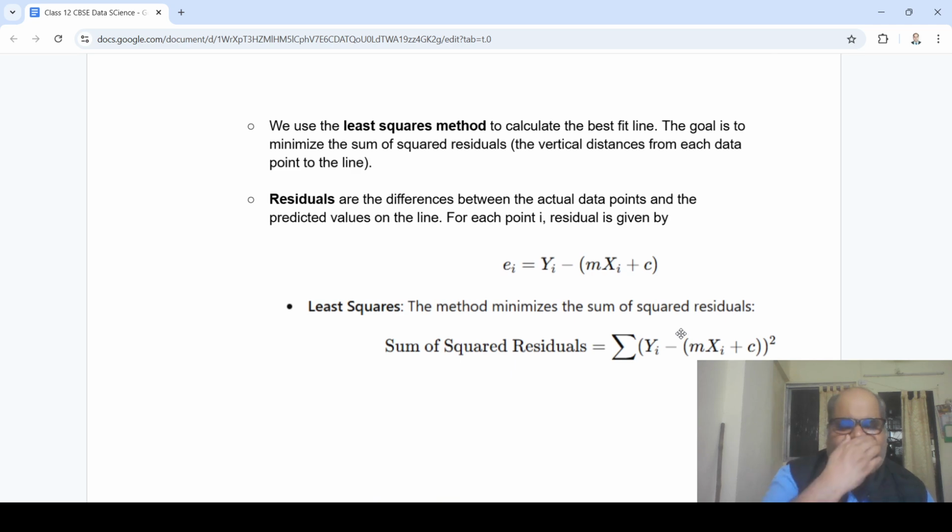If you want to define your residuals, what it will be for a given data point xi. Say for example, when the size of your house is 1,000 square feet, and if 10 times, say in lakhs, determines the price of your house, then a 1,000 square feet house becomes 1,000 into, say, 1 lakh, so 1 lakh into 10,000.